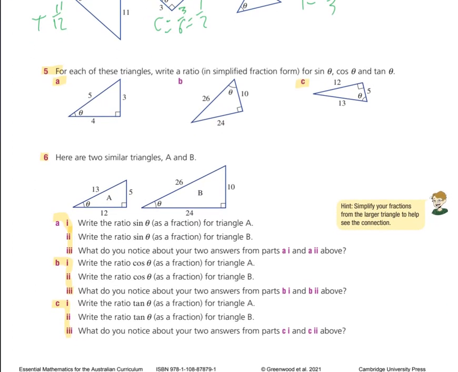For each of these triangles, write a ratio in simplified fraction form: sine, cosine, and tan. Okay, so for this one, it would be sine theta equals, and for sine, again, I'll just write it down for everyone, SOHCAHTOA.